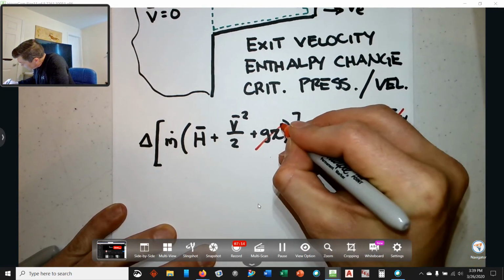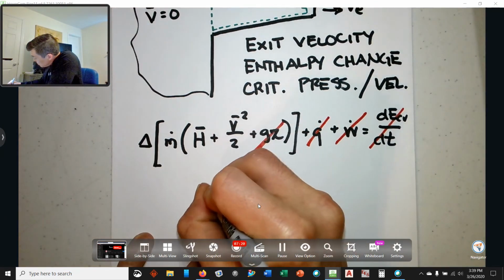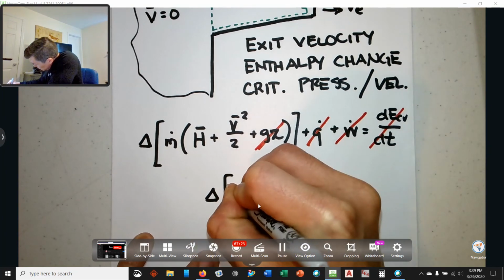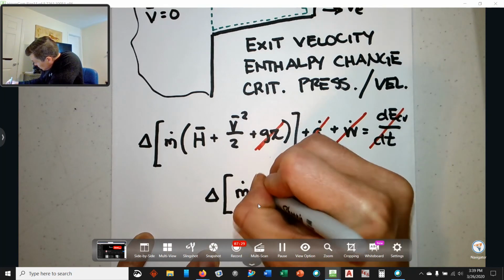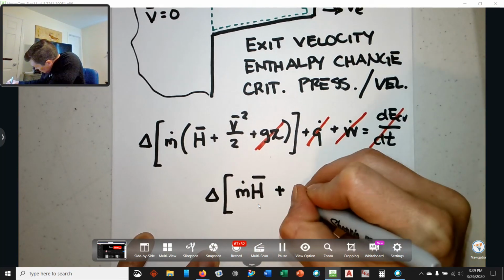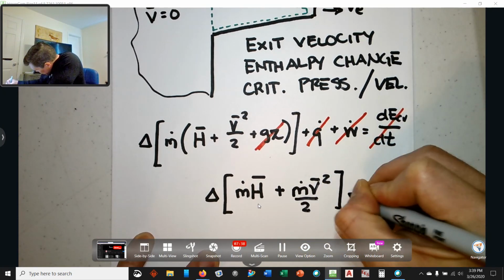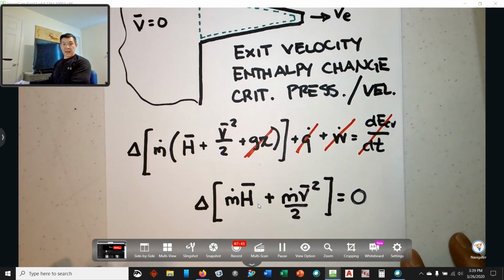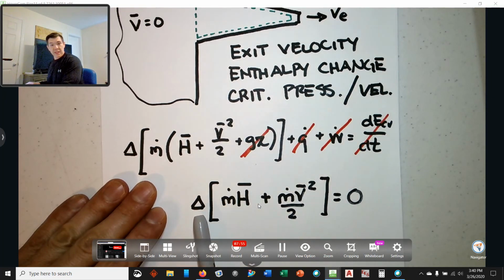So with those assumptions, we can rewrite this law as delta m dot, and we could distribute this, why not? All right, so we have our first law for an open system, also known as our macroscopic energy balance for this nozzle. And so we'll set up a little bit larger control volume and start figuring out what exactly this delta is.